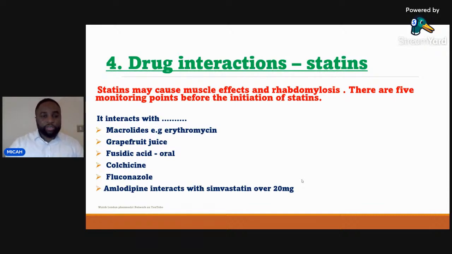They can be changed to a different type of statin, like atorvastatin, for example, where they can take 20, 40 or 80 milligrams. But as far as simvastatin is concerned, they should stick to a maximum of 20 milligrams, again because of the risk of muscle effects.